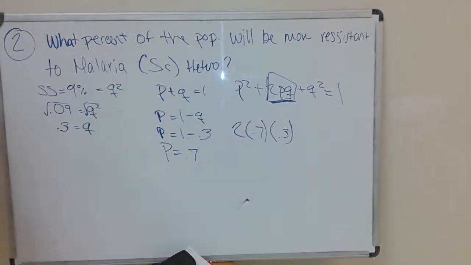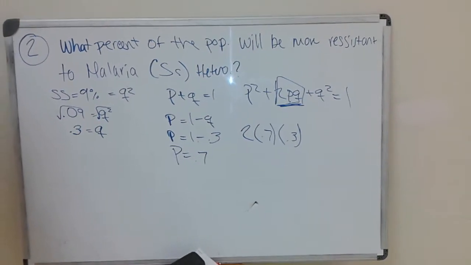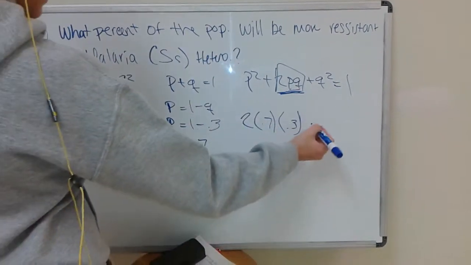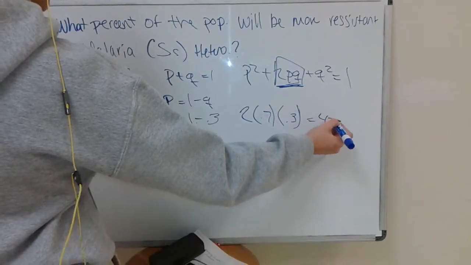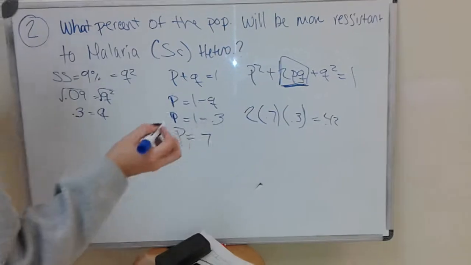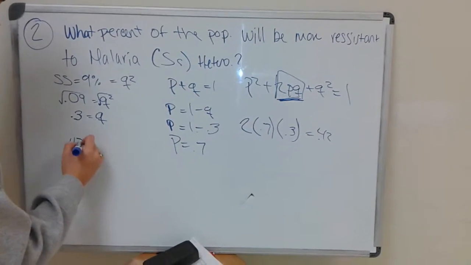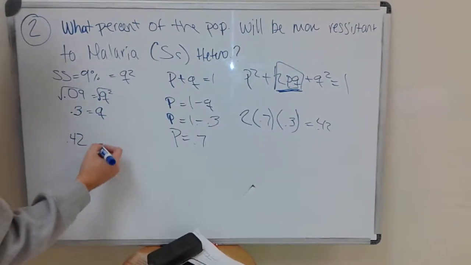And when we get that, we are going to get that it is equal to 0.42. So now what this basically means is that 42% of the population is heterozygous.